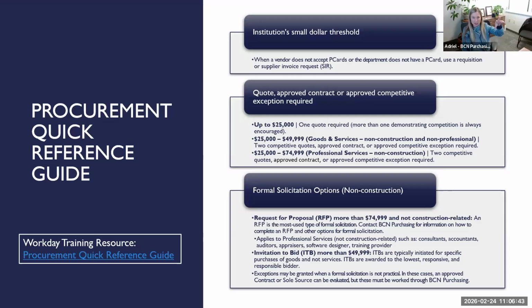You have to set up the criteria before the RFP goes out. So RFPs are used when something aside from price, like price can still be considered and be an important factor, but it's not the only factor in making a decision. So it's possible to award someone who might have been more expensive than another bidder, but what else they're offering makes this proposal a better proposal to accept.